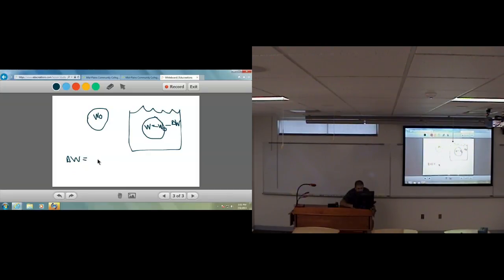Because the delta weight is going to be due to a couple of different forces. First of all, there's going to be the buoyant force upward, right? It's going to be reducing the weight.